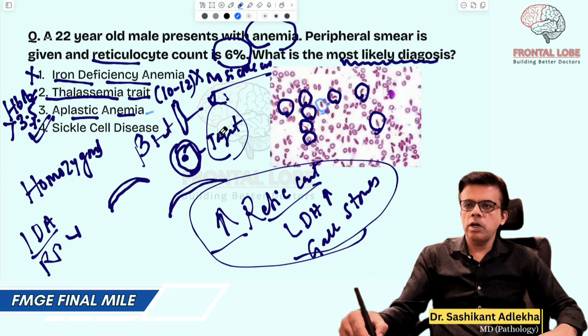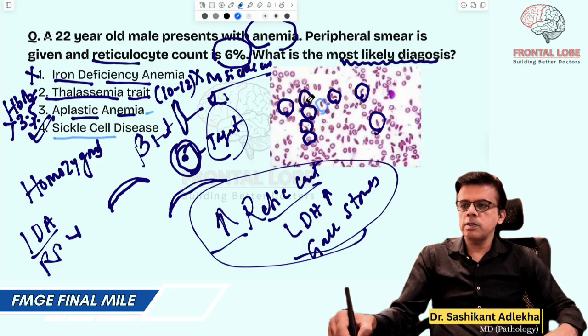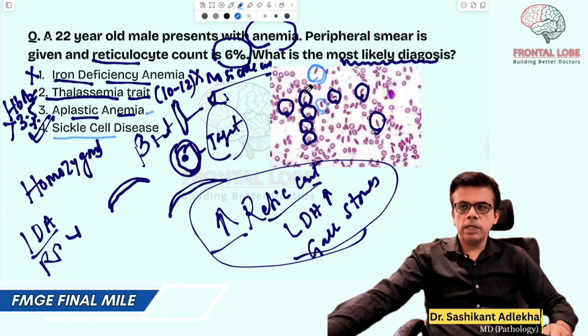So that is ruled out. The correct answer here is sickle cell disease. What are the points favoring sickle cell disease? Reticulocytosis, hemolytic anemia, and sickle cells directly demonstrated in the peripheral blood. So here it is typically sickle cell anemia.